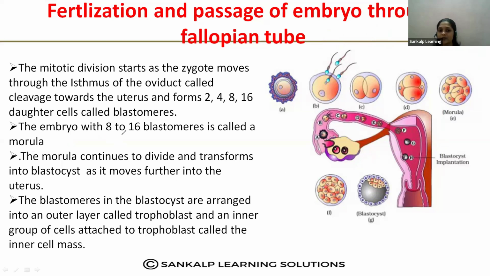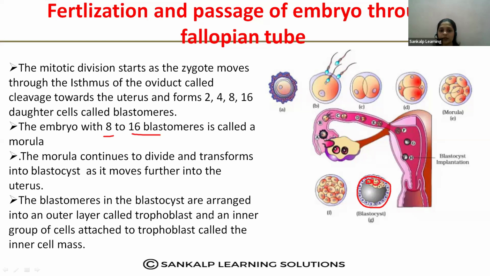Morula is the 8 to 16 blastomere stage, right? But what is a blastocyst? In the blastocyst, these blastomeres are arranged at the outer layer. Here you can observe these blastomeres arranged at the outer layer, and you can observe some cells inside.